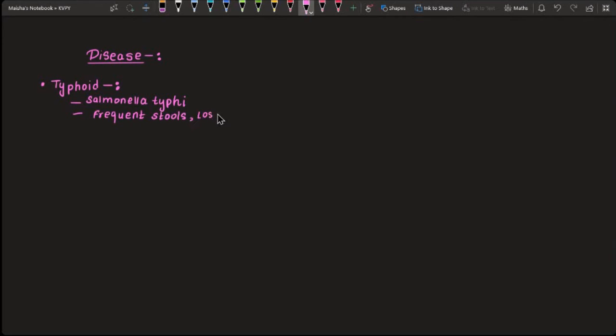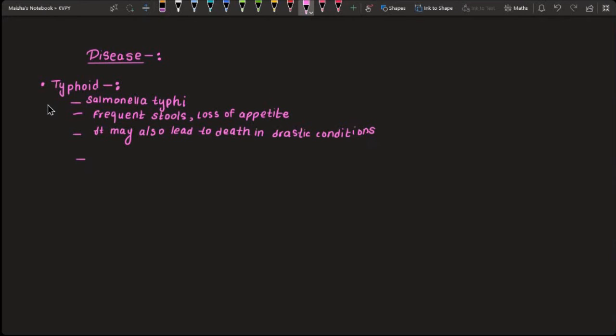So certain symptoms will include frequent stools, loss of appetite, and in very extreme cases, it may also lead to death.